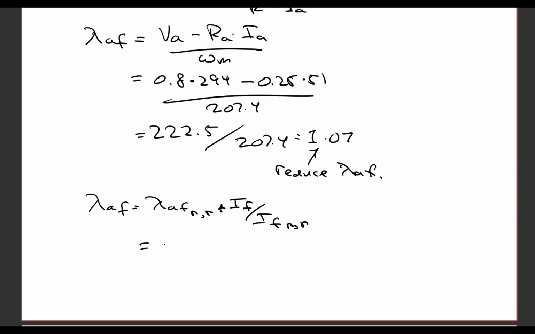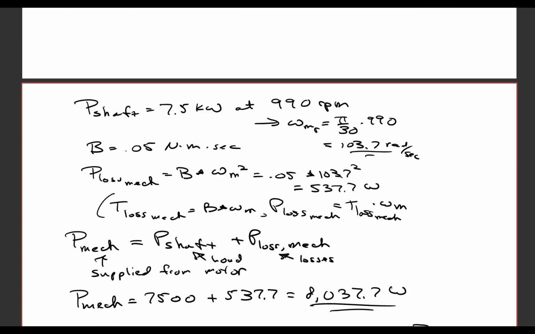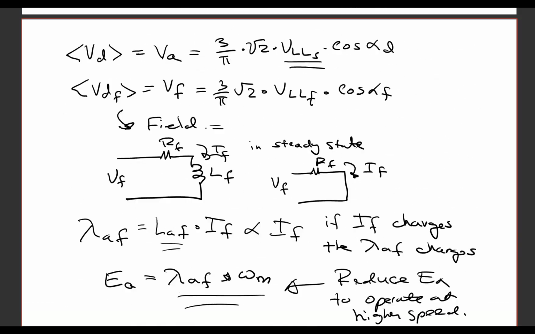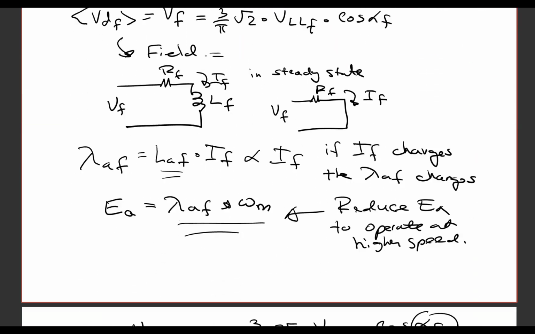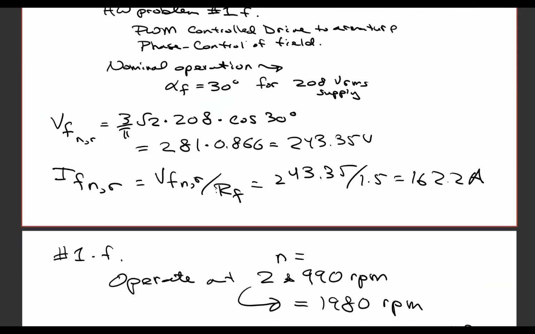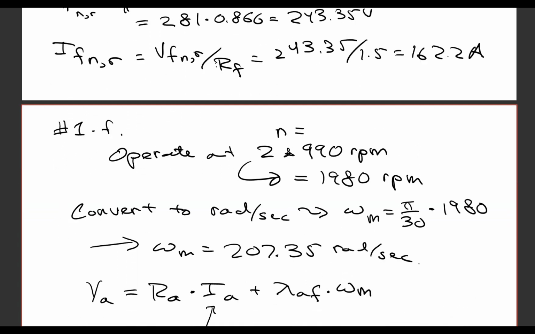Okay, so we know that the nominal lambda AF is 1.5. We don't know I sub F. We knew that the field, the nominal rated, calculated that back up here, was 162.2.